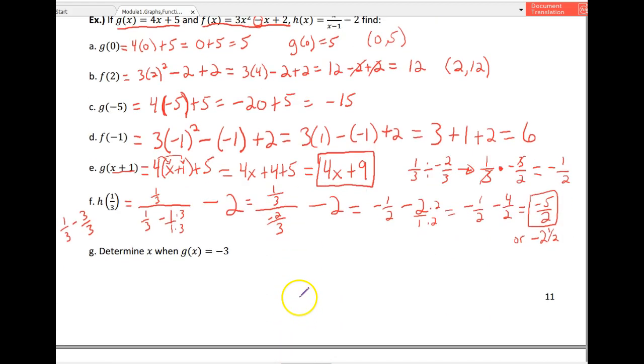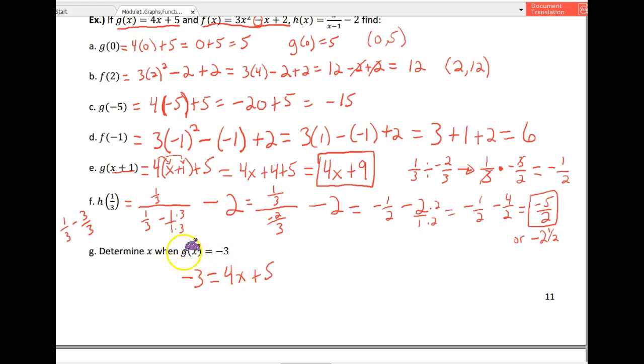Alright, let's keep going. So determine x when g of x equals negative 3. So now this is giving us g of x. So in this original equation, I'm going to replace g of x with negative 3. So negative 3 equals 4x plus 5. So this does not mean g times x.